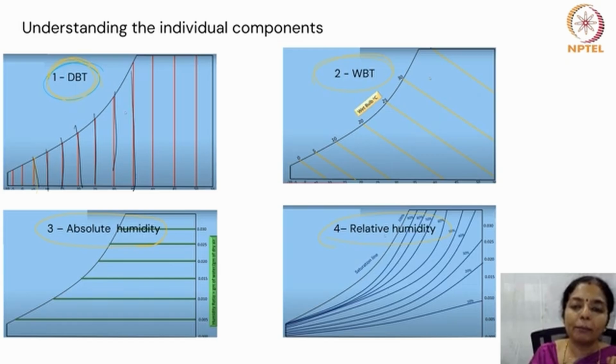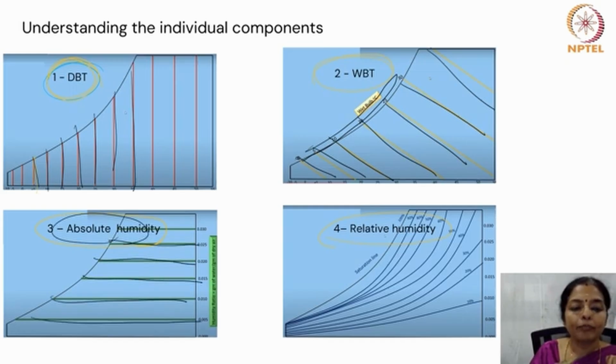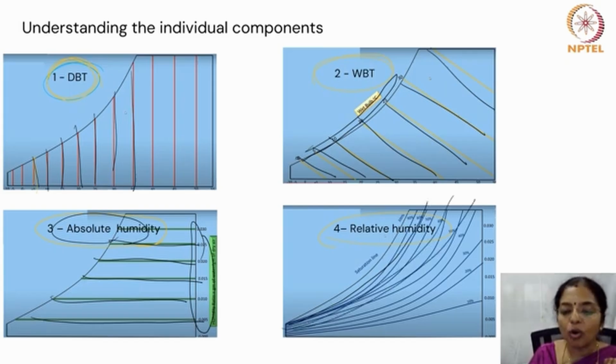The wet bulb temperature is along this curved line and has to be read in this manner, whereas the absolute humidity is along the horizontal line on the y-axis, and the relative humidity are these curves, which are more or less aligned along the wet bulb temperature line, curved lines.